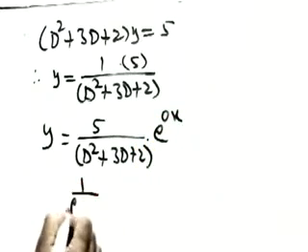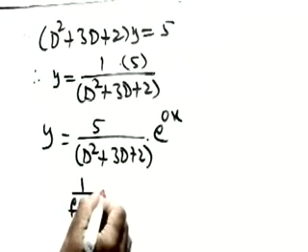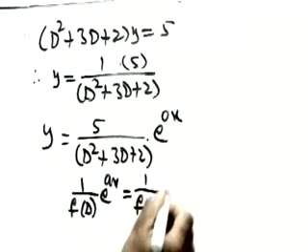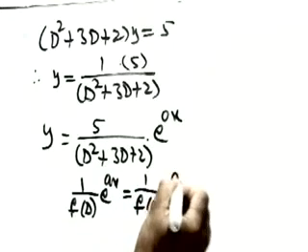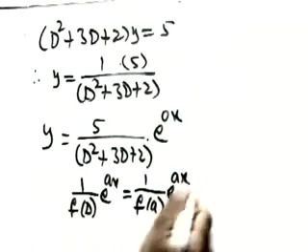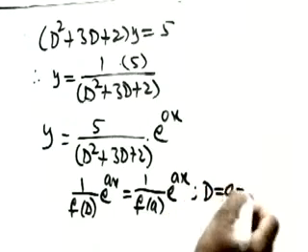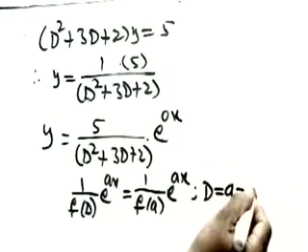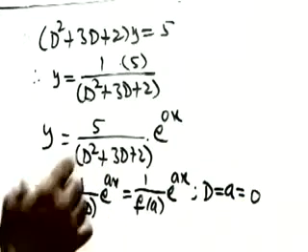Now compare with the formula 1/f(D) e^(ax) = 1/f(a) e^(ax). In place of D we have to write a. Now what is the value of a here? In e^(0x), a is 0.